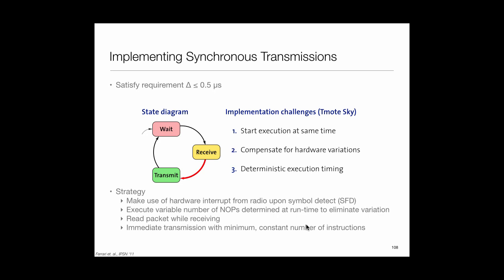If the crystal oscillators are slightly different and whatnot, they learn how many no-ops will take them to achieve a particular delay, and they calibrate it across the radios. They also try to do things like a constant number of instructions through different code pathways. So it's a very carefully designed piece of software, because you have to make sure everything is deterministic, even though you have all these other variations which are likely present.